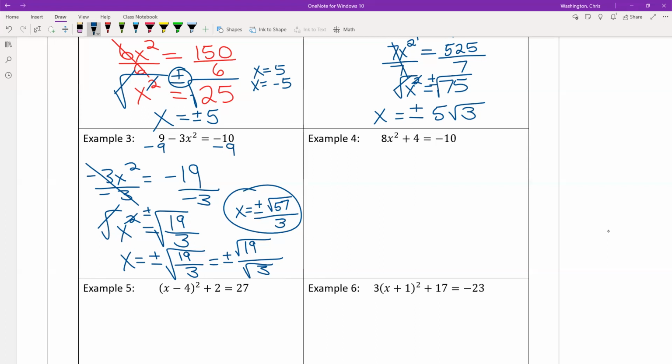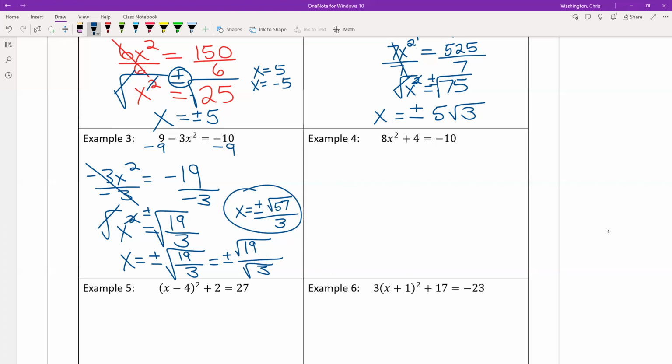I will find you a calculator. Whether I buy it or rent it from the library, I will find you a calculator. Okay? So if you can't afford one, send me an email. I'll find you a calculator that will simplify that for you. But we got to know how to type it in. If we try to type it in this way, never going to get it to look like that.